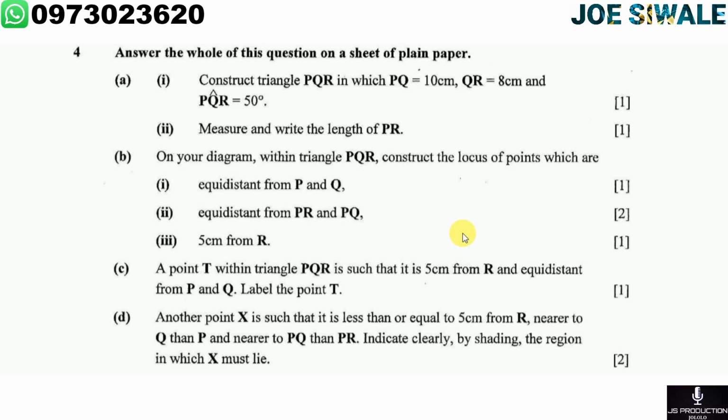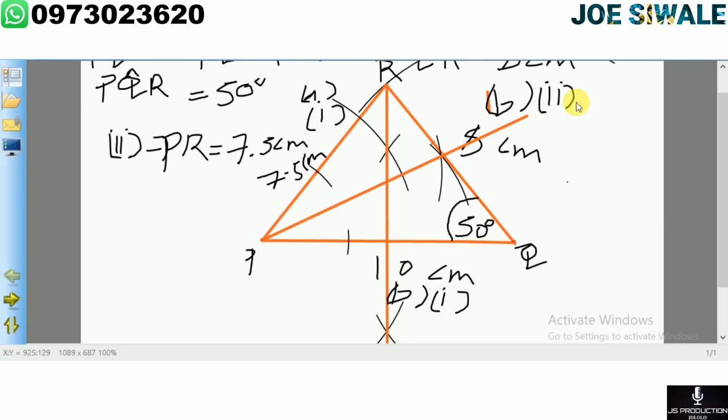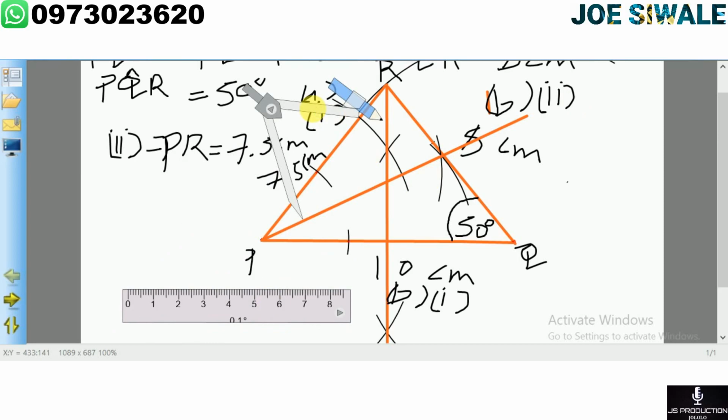So I need to draw the locus of points that are 5 centimeters from R. So for me to draw the locus of points that are 5 centimeters from R, I'm going to use my meter rule and my compass. So the first thing that I'm going to do is to put my meter rule. I'll bring it here down. Then I'll get my compass.